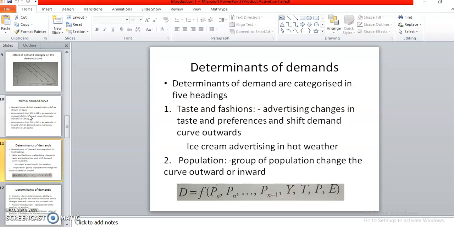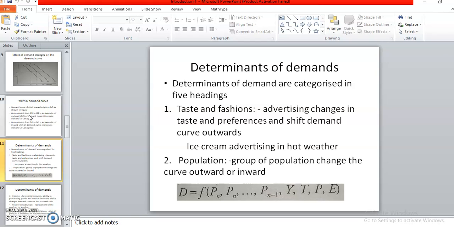First, taste and fashion. The taste and fashion of the consumer changes by means of advertising. By advertising, we can shift the demand curve outward. It changes the taste and preference of the customer and shifts the demand curve outward. Again, an increase in hot weather usually increases the demand for ice cream and cold drinks.